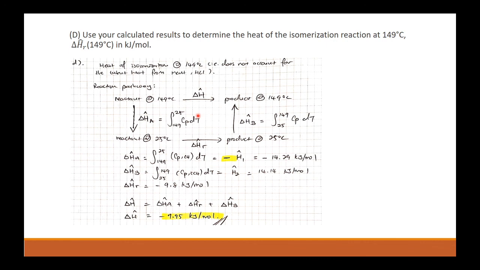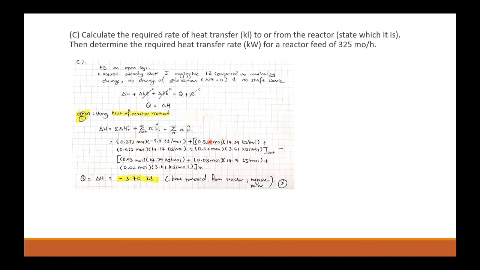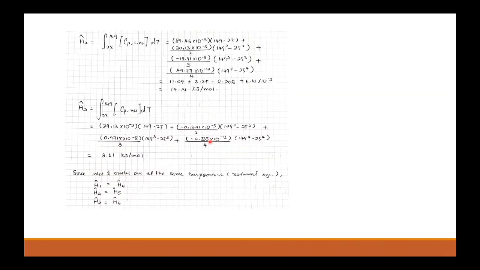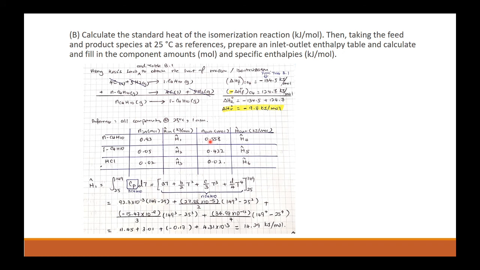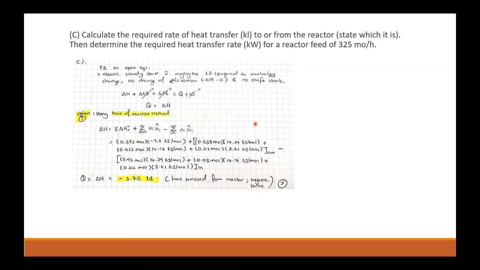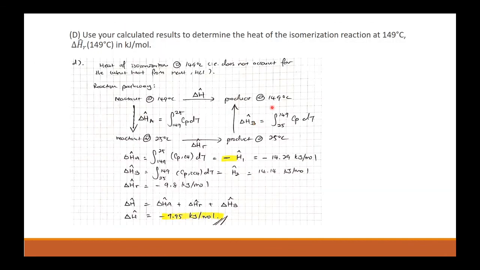Over here we will need to determine HA, and over here we'll need to determine HB. HR was determined previously in part B over here. HA is the latent heat from 25 to 149 degrees Celsius, while HB is this.